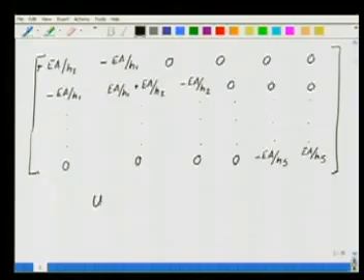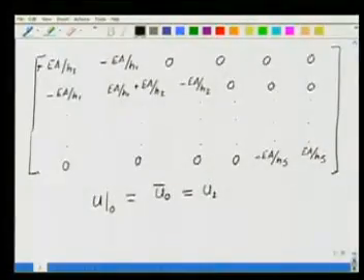We will say that U at 0 is given the value U0 bar. So from what we have done earlier, this will be equal to U1. So how do we impose this in our solution? The idea is very simple. We will take the first equation, and what I will do is I will replace this with 1.